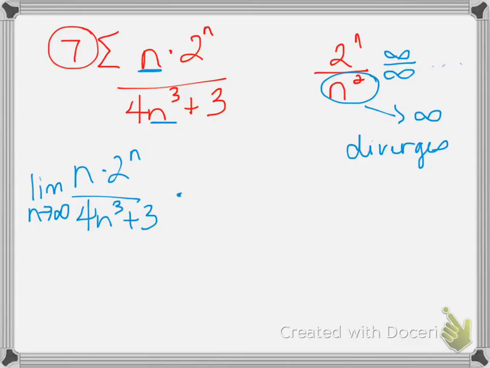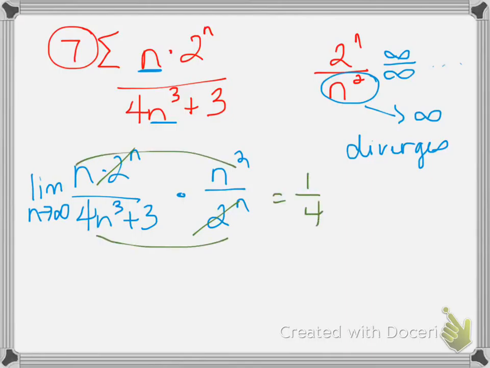Instead of dividing, I'm going to change it to times and go ahead and flip it. So 2 to the n's will go away. Now I have n to the third over n to the third, so I get 1/4. I got a limit, so that means the original one diverges by the limit comparison.